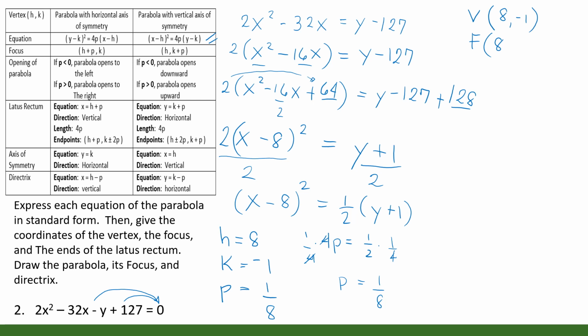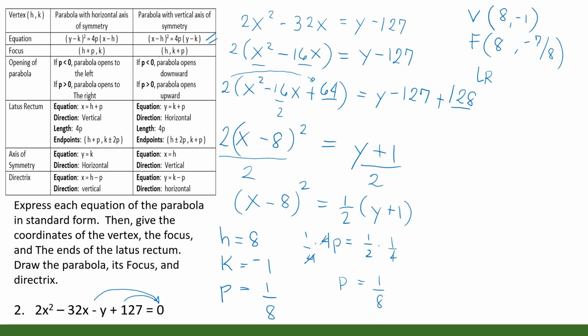So negative 1 plus 1/8. What is negative 1 plus 1/8? That is negative 7/8.